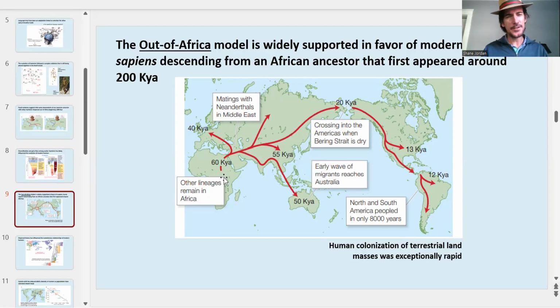And what's kind of interesting is we see that the human colonization of major continental landmasses happened really quickly, relatively speaking, considering we didn't have airplanes at this time, and these populations had to travel by foot, and that was the only way they could get around.